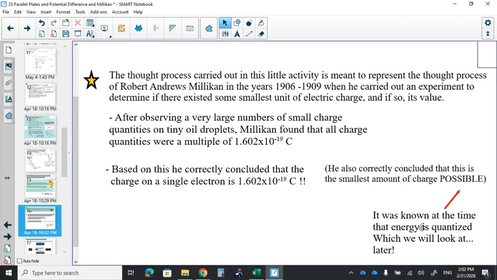There's a minimum you can have. And so it was pretty natural for him at this point to say, oh, okay, well, charge is probably quantized too. There's a limit to how small of a chunk of charge you can have. Just like it turns out, even weirder, there's a limit to the smallest chunk of energy you can have. And again, we'll see that later, of course.